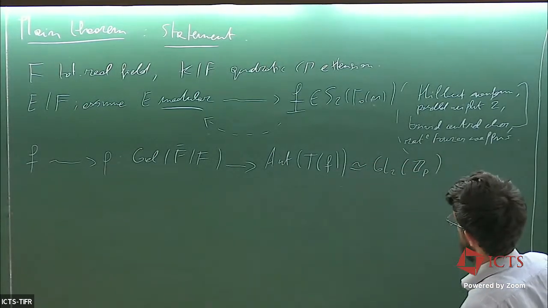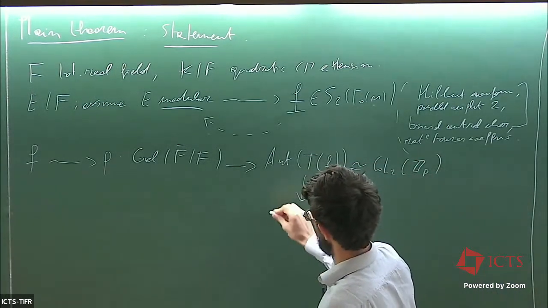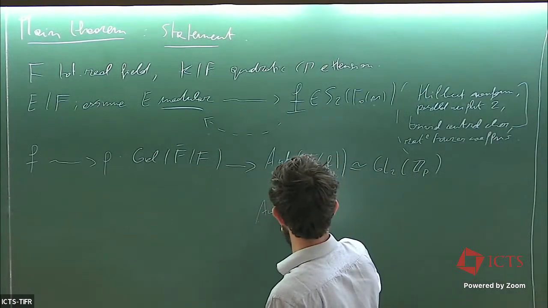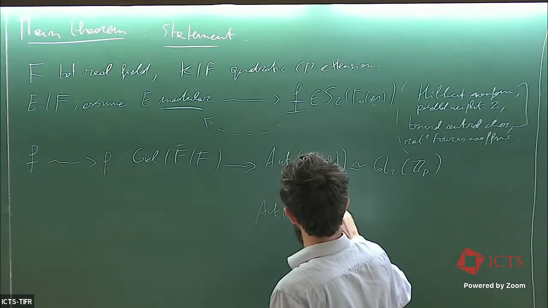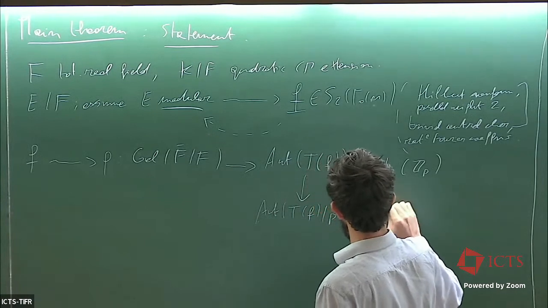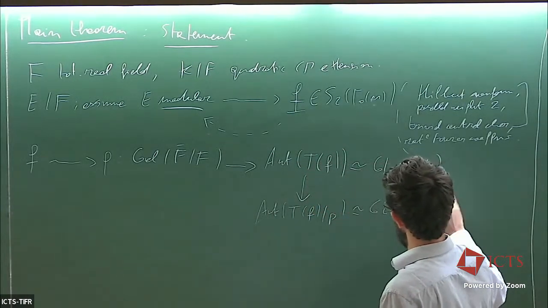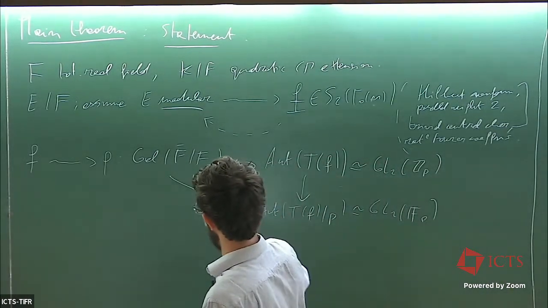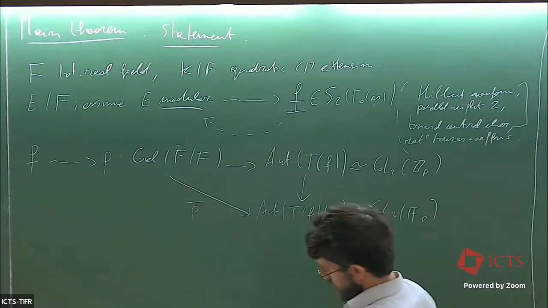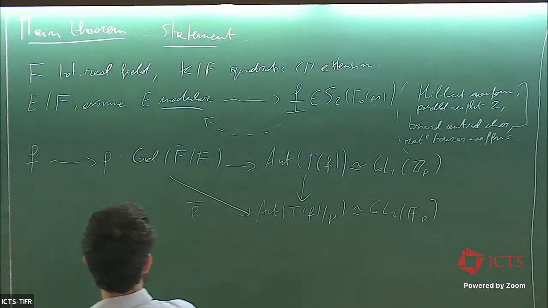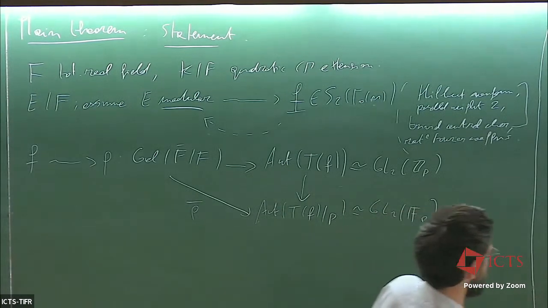Okay, and then you can reduce modulo p, and I will denote the reduction by rho bar. And I think this is everything I need to state the main theorem.